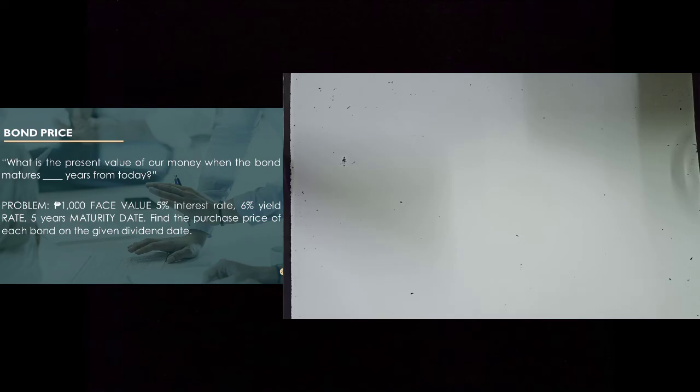Okay, so again, the first step is you need to get the annual interest payment. Again, to solve for the annual interest payment, that is face value multiplied by the interest rate. Okay? And after that, get the sum of the quotient of annual interest payment and 1 plus the appropriate yield to maturity.